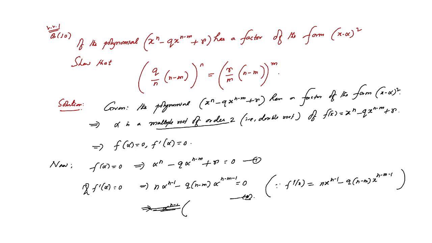Now from equation 2, we have n alpha to the power n minus 1 minus q (n minus m) alpha to the power n minus m minus 1 equals 0. So n alpha to the power n minus 1 equals q into (n minus m) alpha to the power n minus m minus 1.